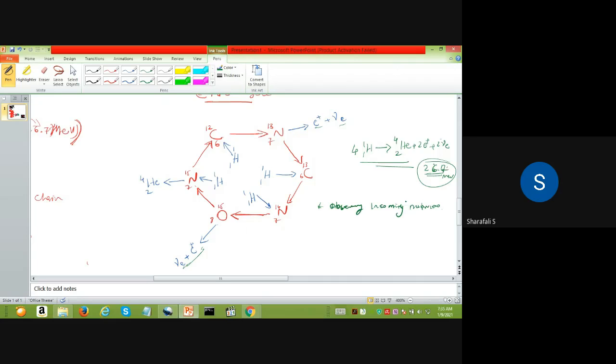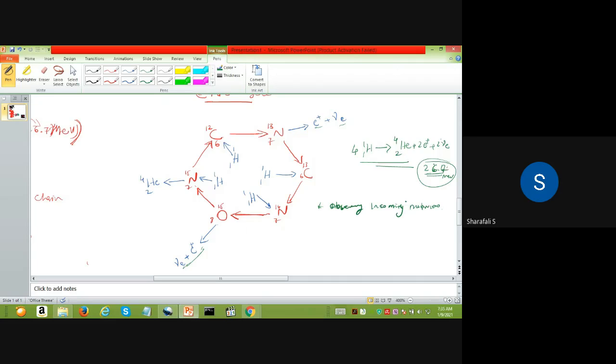Sometimes we felt that they have a velocity equal to the velocity of light, but then we understood that they have a very slight rest mass, and the velocity is slightly less than the velocity of light.